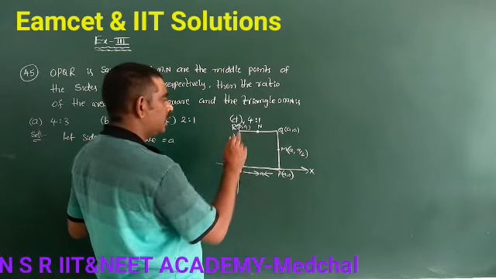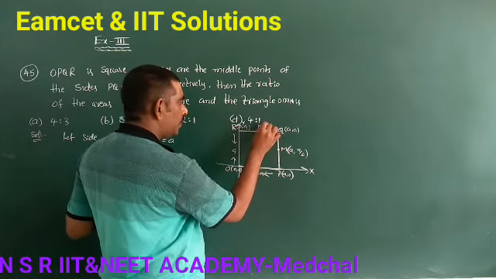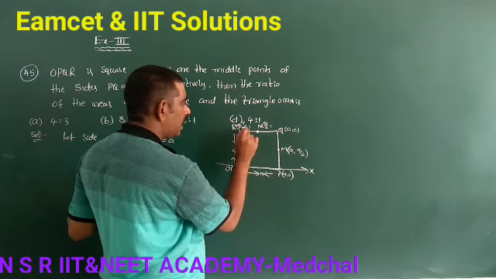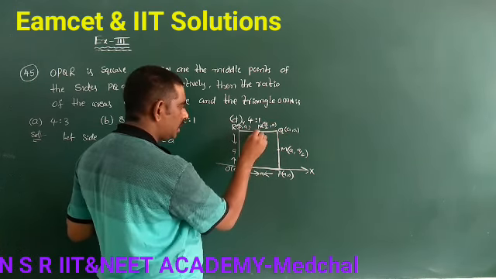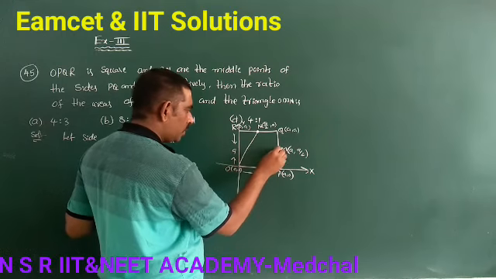So these are the M values. Next, (0 plus A) by 2, A by 2, and (A plus A) by 2, 2A by 2, A. So these are the N coordinates.